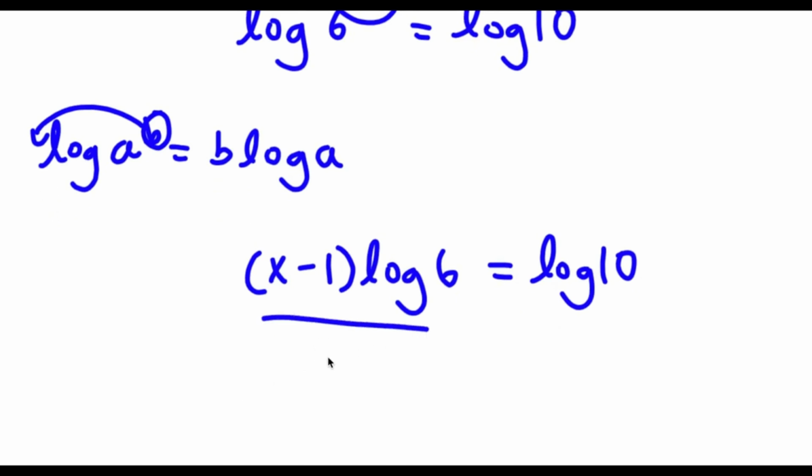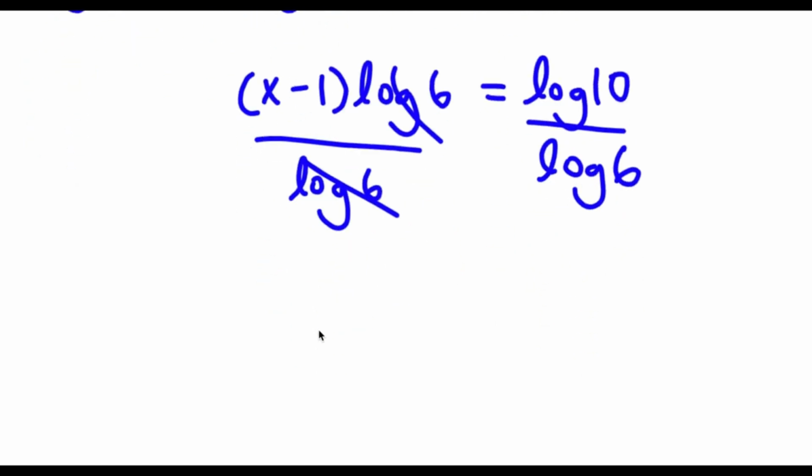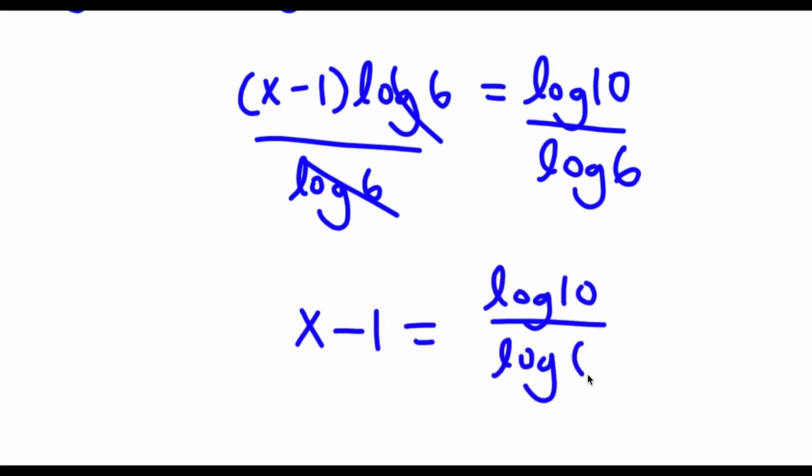Now, if I divide both sides by log 6, these two cancel out, and now I'm left with x minus 1 is equal to log 10 over log 6.